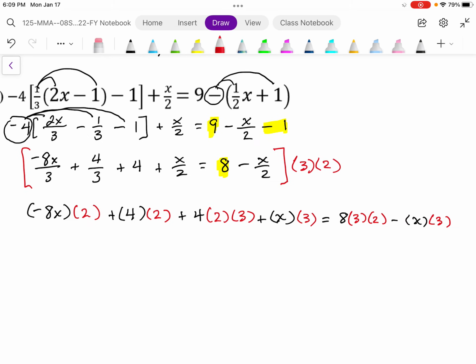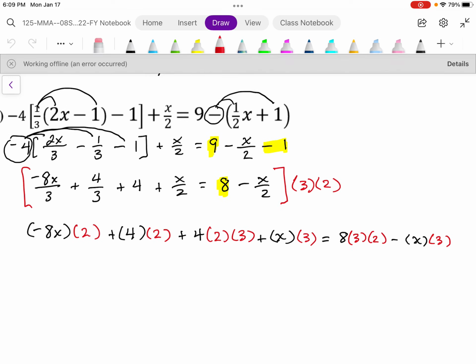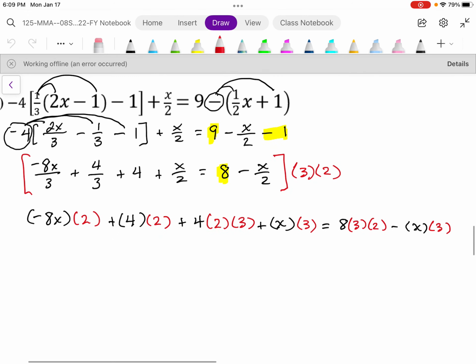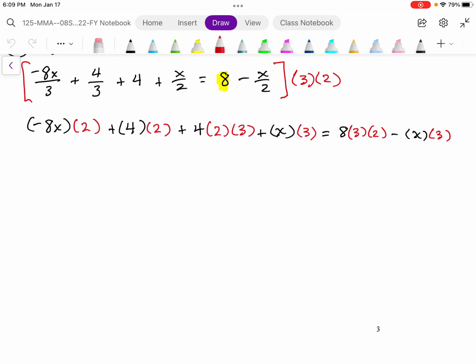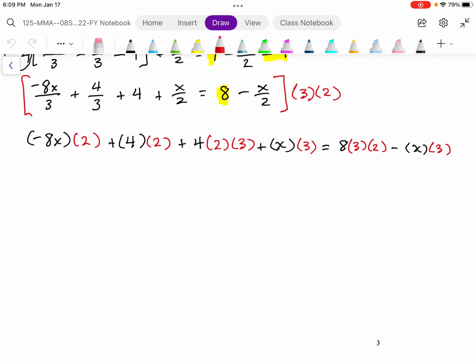Okay, so we're just keeping track of the times and divide, and whenever we have a times by 3 and divide by 3, we can cancel out. We need to make sure that the remaining factor of times 2 remains. So at this point, I'm going to multiply this all out. So negative 16x plus 8 plus 24.